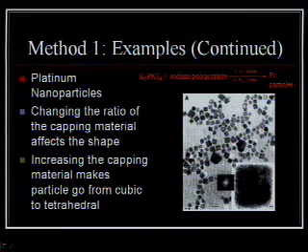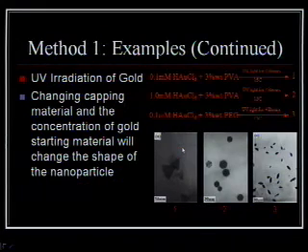And when they added an additional 1 ml of that solution into the reaction, it formed tetrahedral structures instead of the cubic ones, which I don't have a picture of. And this is another example of varying the concentrations of the reactants or just changing out the capping material.